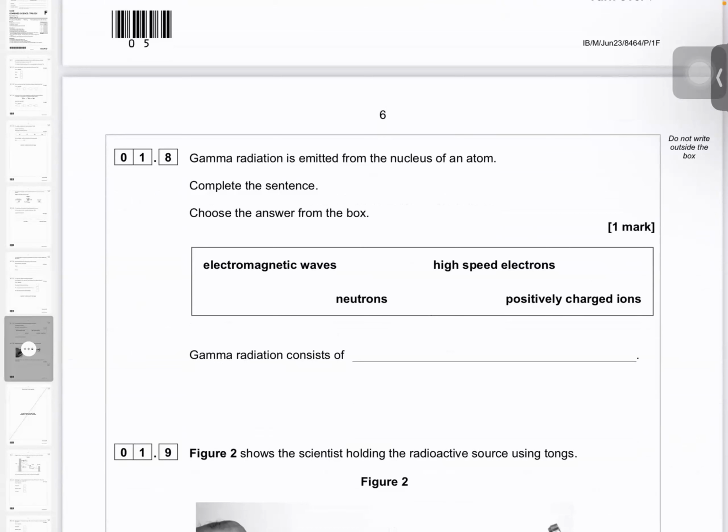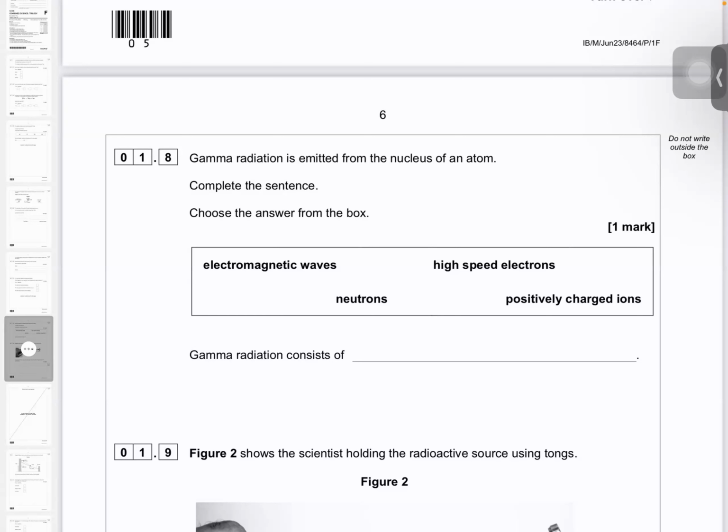Okay, so it says gamma radiation is emitted from the nucleus of an atom. Complete the sentence. Choose the answer from the box. Gamma radiation consists of... I'm trying to remember now. I think it's electromagnetic waves. Yes, it's electromagnetic waves.